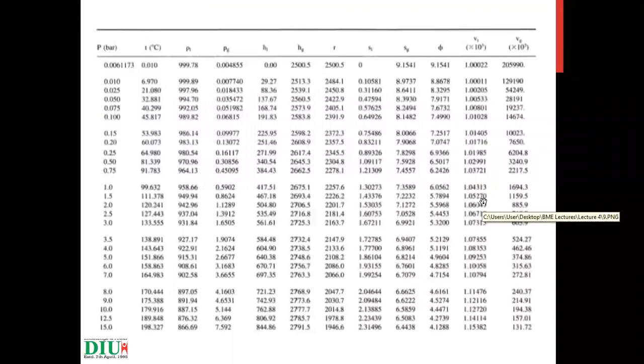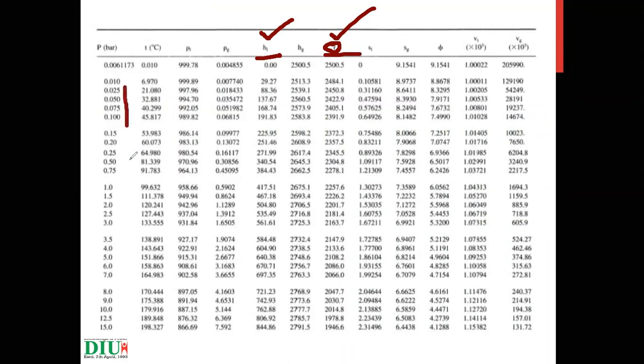You see the table. We don't need all the values, but we will need 3 to 4 columns. This is the HF, the sensible heat, and this R, this is HFG, the latent heat. Remember, HF is the sensible heat, and R is HFG, the latent heat. There are many pressure values given in the first column.